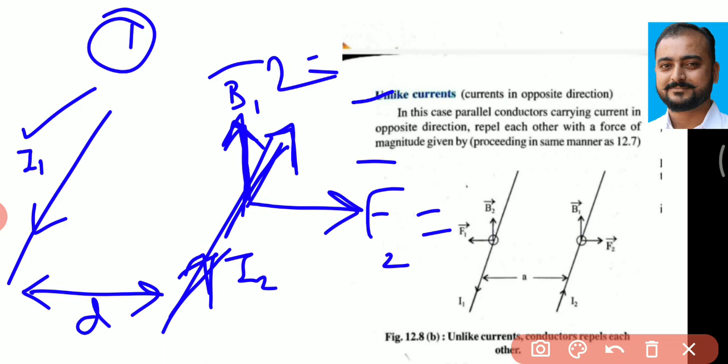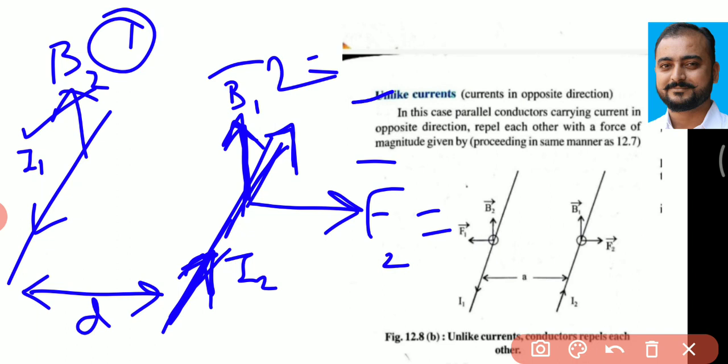Again simply apply the right hand thumb rule. According to that, when a current flows in this direction, this is the direction of flow of current. Hold your right hand in such a way that your palm is facing towards the upward side, and so the direction of magnetic field is B2, which looks like this.